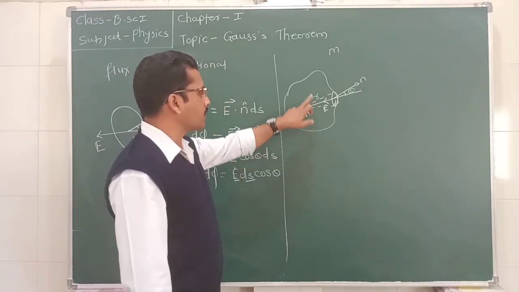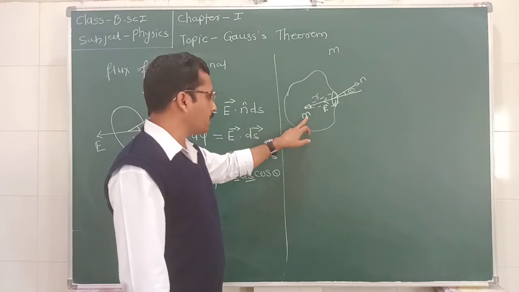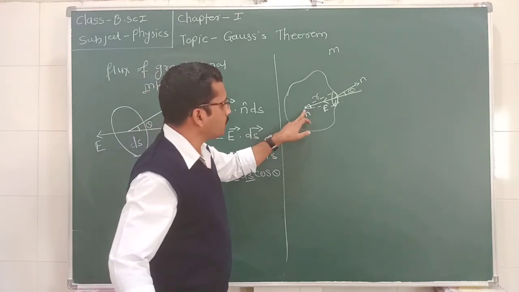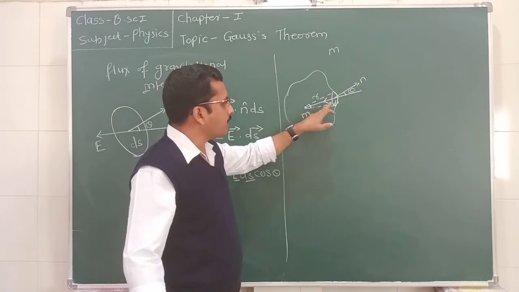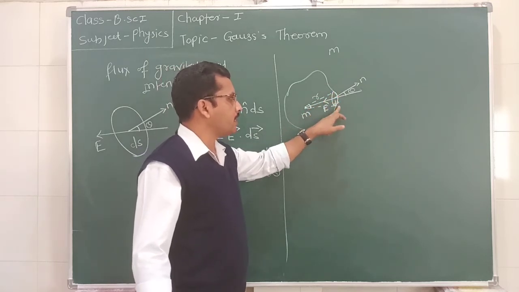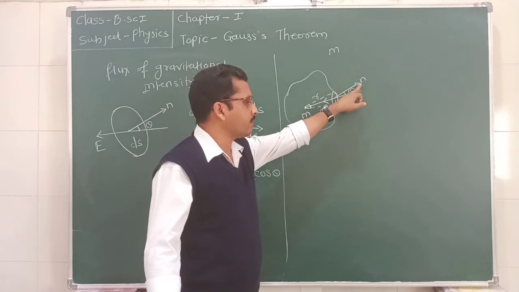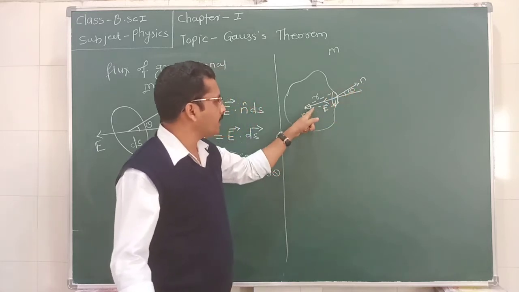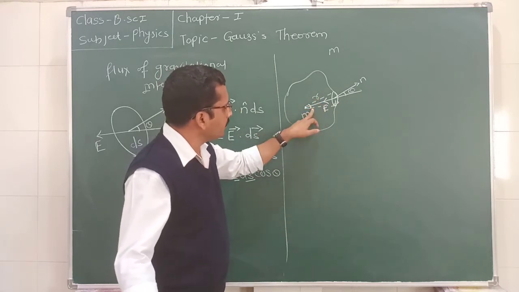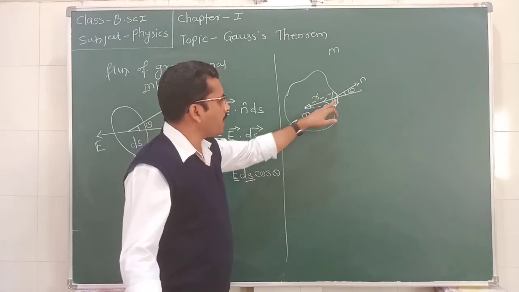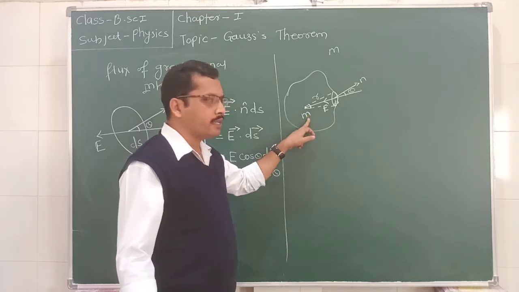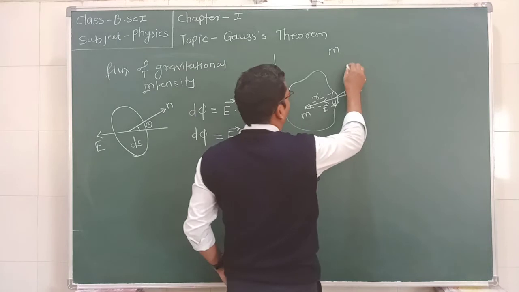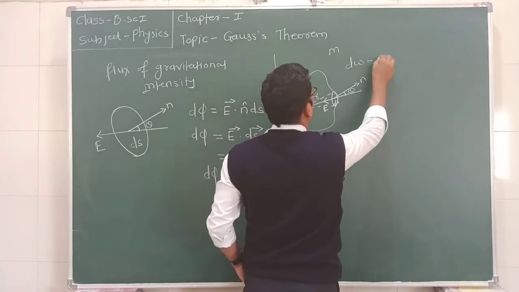Consider a closed surface in which a particle of mass m is situated at a distance r from this surface ds. Let n be the normal to this surface, and the angle made by this surface ds at this point of mass m is equal to d omega, which is also called the solid angle.